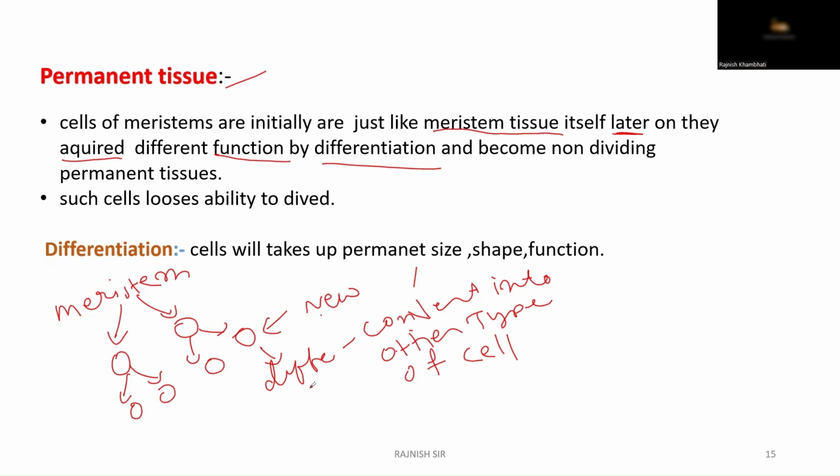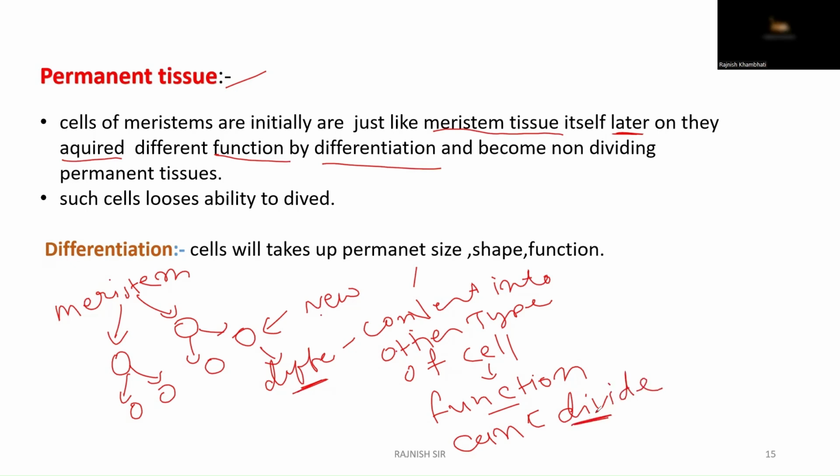So this new cell undergoes differentiation. That means convert into other type of cell. So right now, when they convert, they can no more be called meristematic tissue, but any other type of tissue. When they convert themselves into another type of cell, they will be acquiring some function. They can do a particular function now. And at this time, they can't divide.